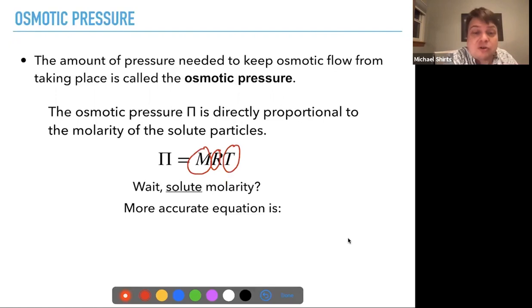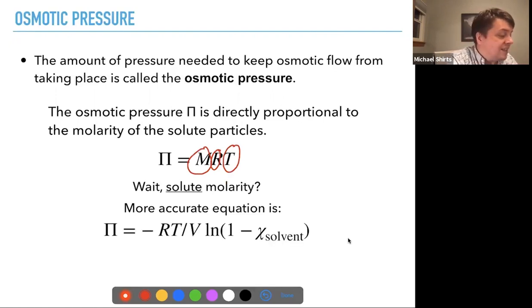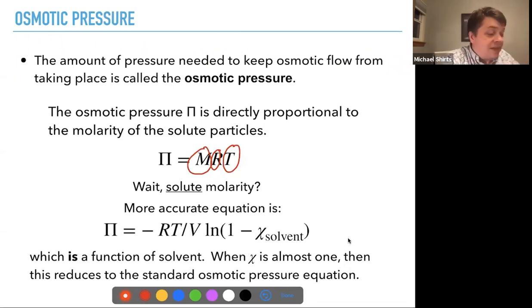It turns out that's true. The more accurate equation looks like this: the osmotic pressure equals minus RT divided by the molar volume of the solvent, times the logarithm of the mole fraction of the solvent. But when the mole fraction of the solvent is almost 1, it reduces to the standard osmotic pressure equation.